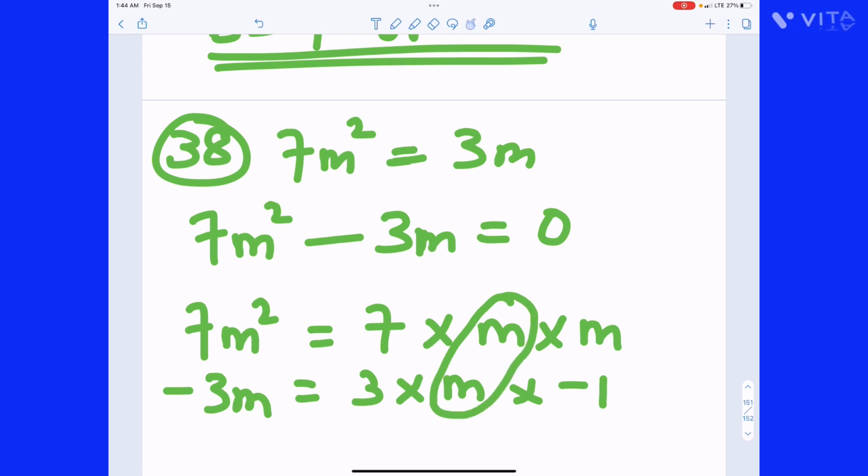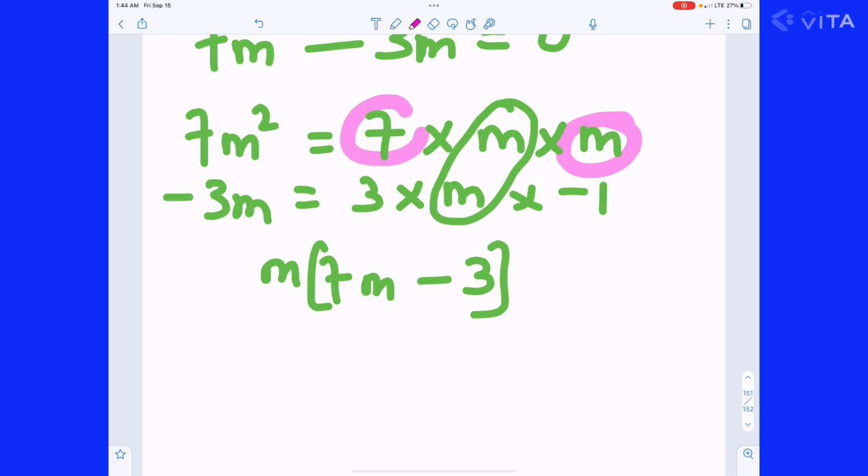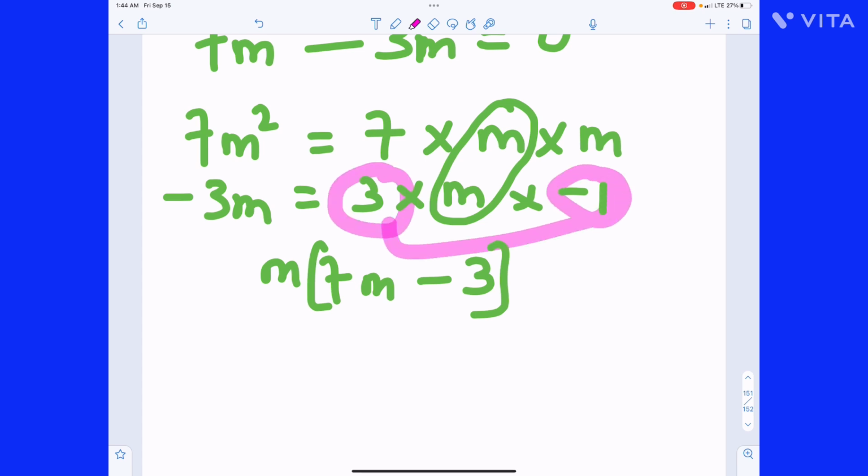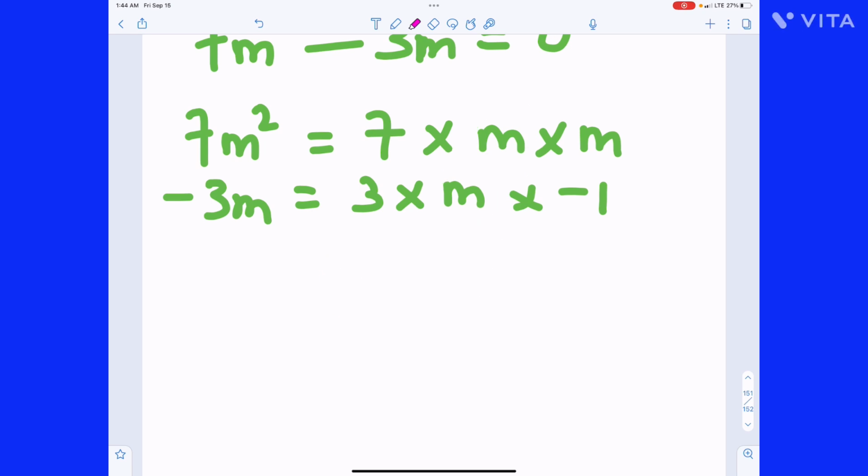After taking m, which is a common factor, you will have 7m left in the first term and minus 3 left in the second term. So 7 times m will give you 7m, 3 times minus 1 will give you minus 3. That's how we do factorization.